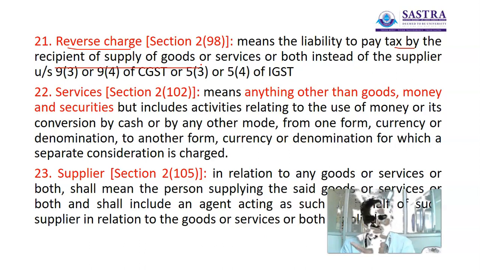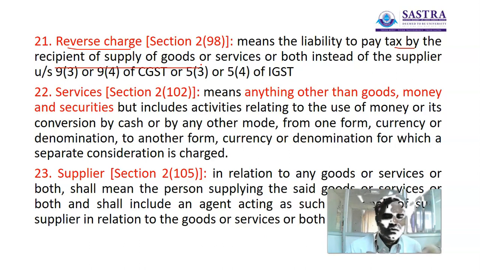This is called the routine process of payment of GST to the government. The supplier has to collect GST from the customer at the time of supply. When you supply the goods, at that time you collect the money. Then you pay the money to the government.